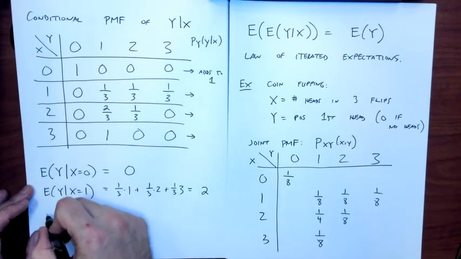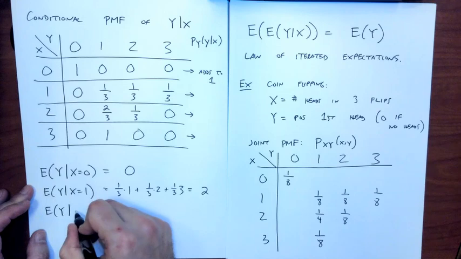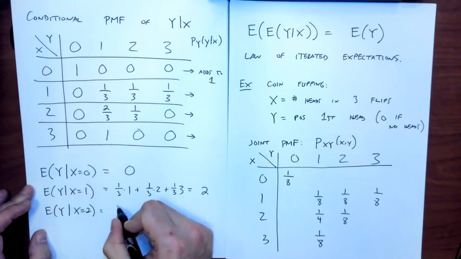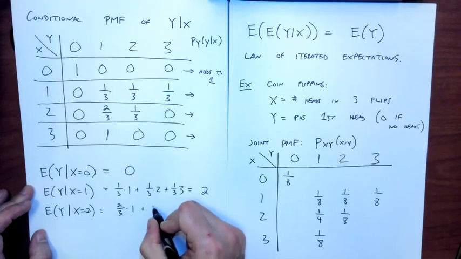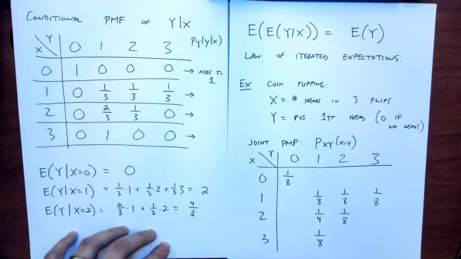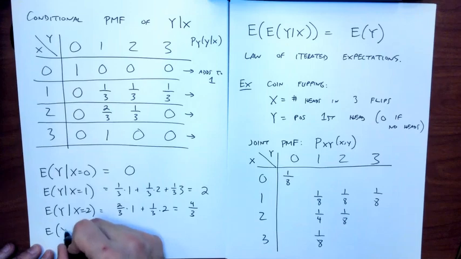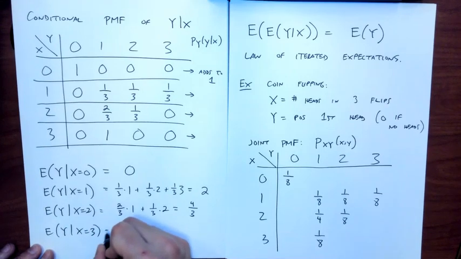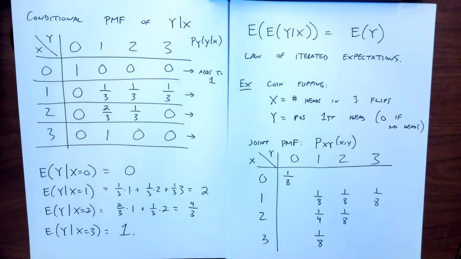The expected value of y given x equals 2 is 2/3 times 1 plus 1/3 times 2, which is equal to 4/3. And the expected value of y given x equals 3 is just 1, right? So those are the conditional expected values.